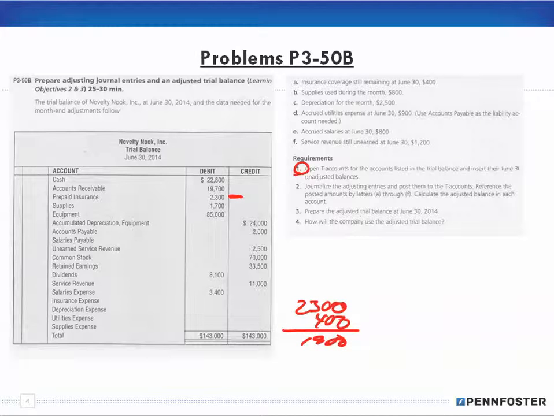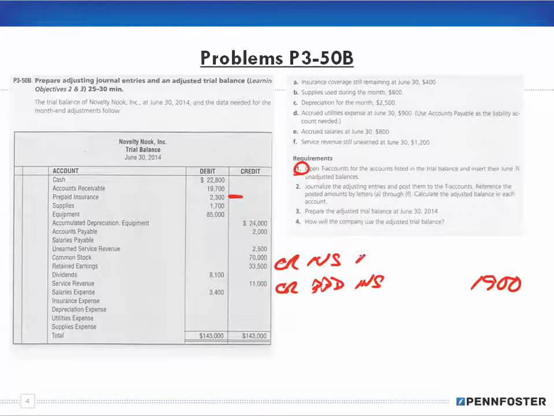So I'm going to make an adjusting entry to reduce the prepaid insurance. Since that's a debit, to reduce it I'm going to credit prepaid insurance by 1,900, and debit the insurance expense account for 1,900.